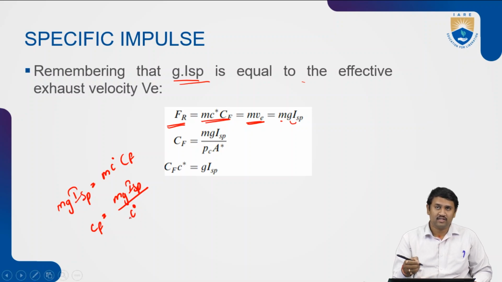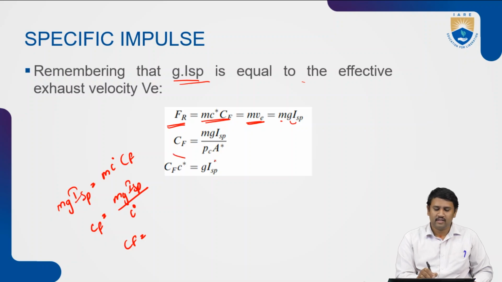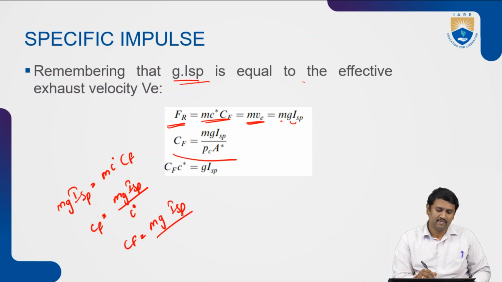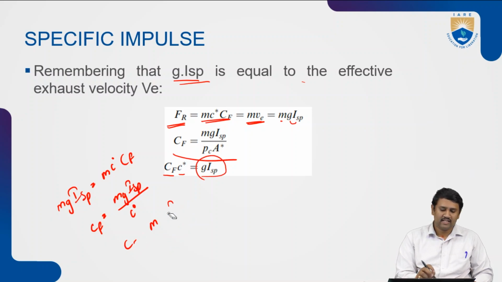And the characteristic velocity, if you are breaking it down into further elements, gives you the same equation, which is mg ISP divided by the combustion chamber pressure into the throat area. Now, if you are rearranging the same, particularly CF into characteristic velocity is equal to g into ISP, if I consider a unit mass flow rate.